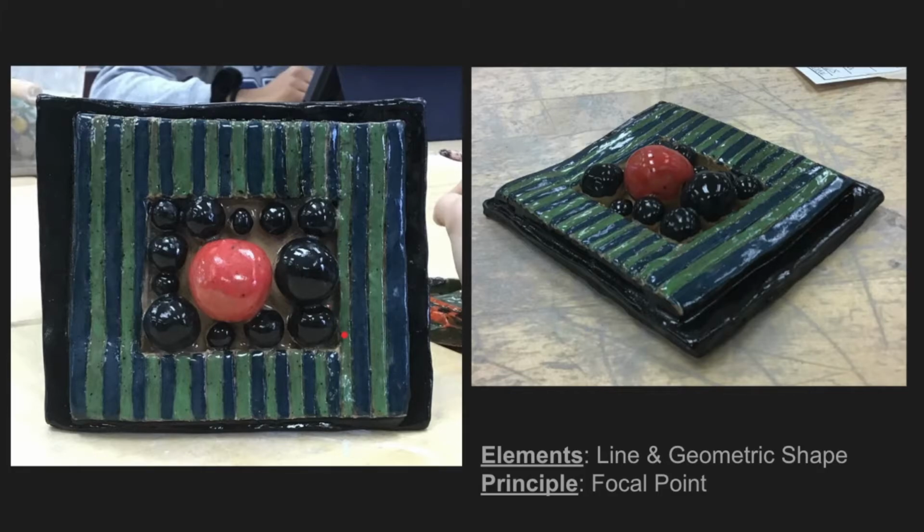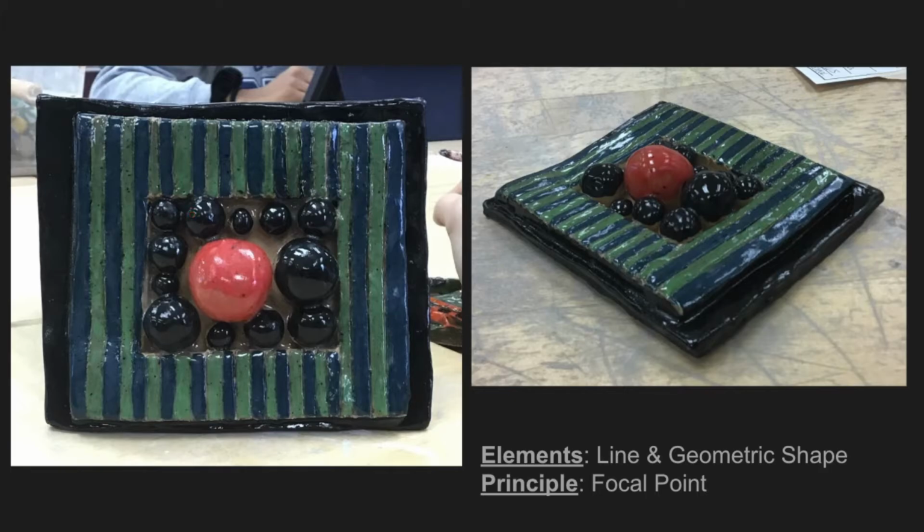For focal point, the student did this in a couple of ways. The first one is color. Simply making one of the spheres this bright red color draws your eyes to it. But also the size is a lot larger than everything else. And then framing wise, your eye is also naturally drawn to the center because of that frame. So they did focal point in a couple of different ways.